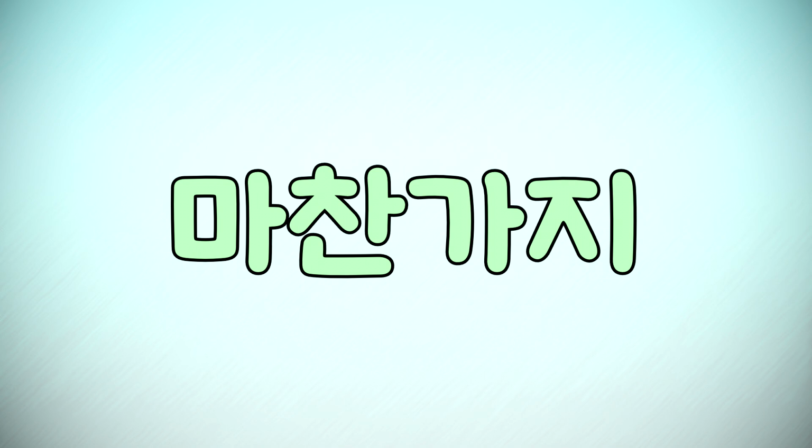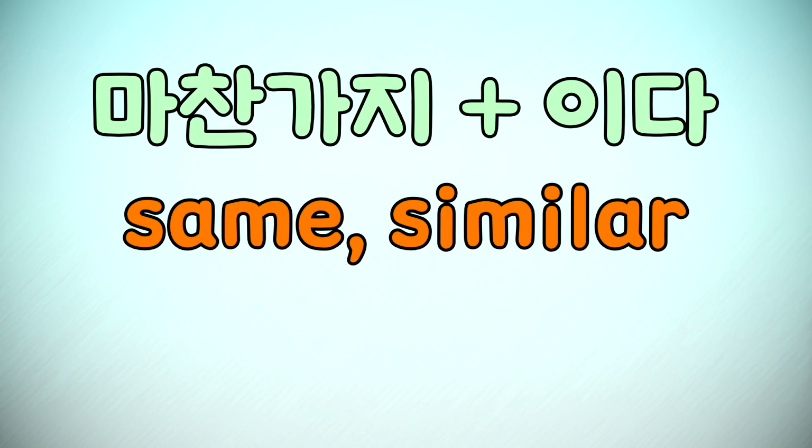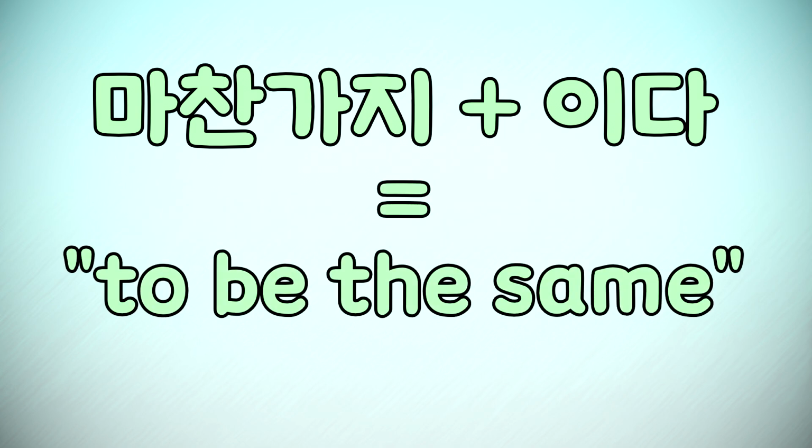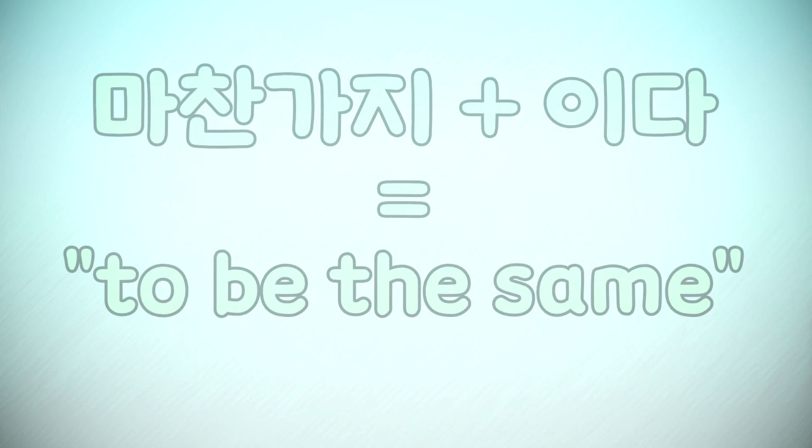To use this form, let's first learn about the word 마찬가지. 마찬가지 is a noun meaning same or similar, and it's combined with the verb 이다, meaning to be, which can be conjugated any way you'd like. So together, 마찬가지 and 이다 means to be the same. And you can use it just like that.